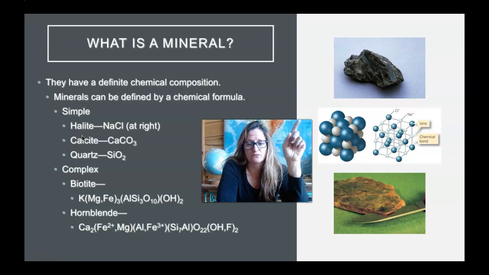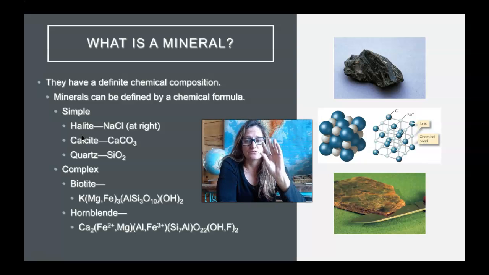The atomic radius is similar, so those two elements can sub in for each other. And in hornblende, there's the OH and the F, and they can swap out for each other within that crystal lattice. So there's a set chemical composition, but there can be variability within one or two places in that lattice.